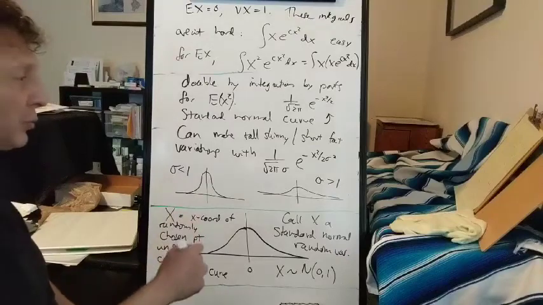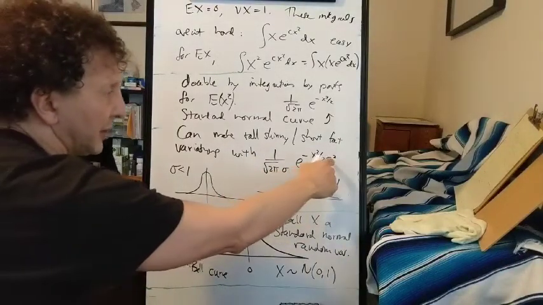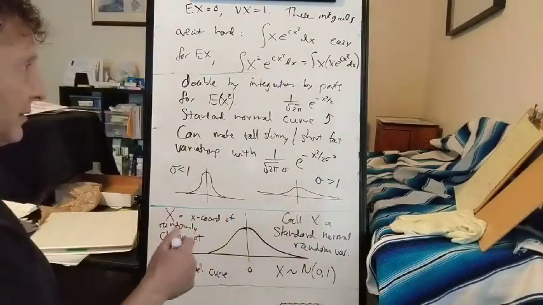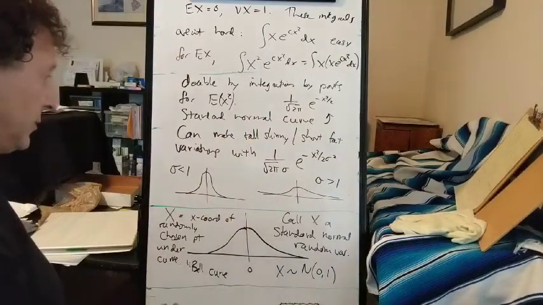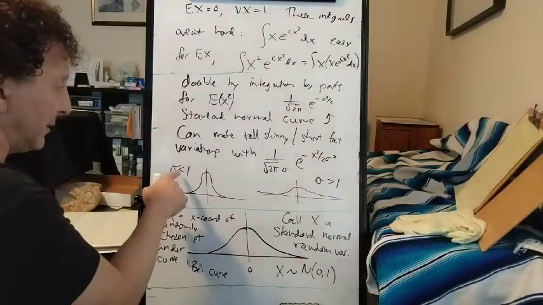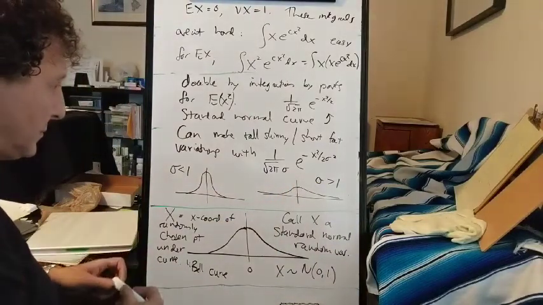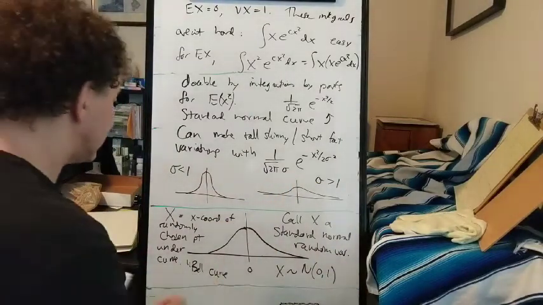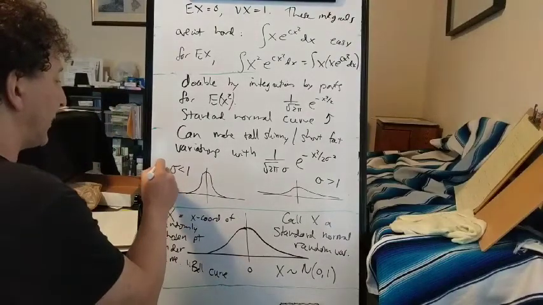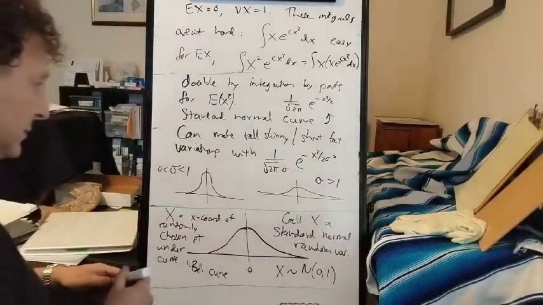So when sigma equals 1, then dividing by 1 here and dividing by 1 there gives us the standard normal curve. By small I mean less than 1 and here greater than 1. And I'm thinking of sigma as a positive number.